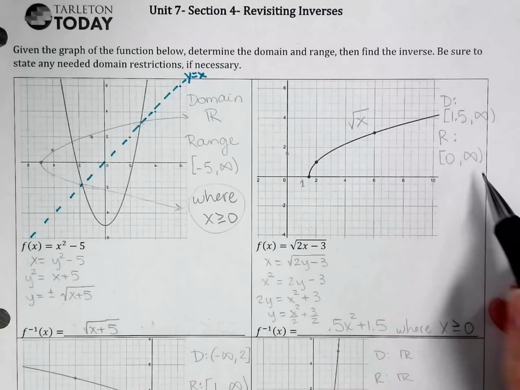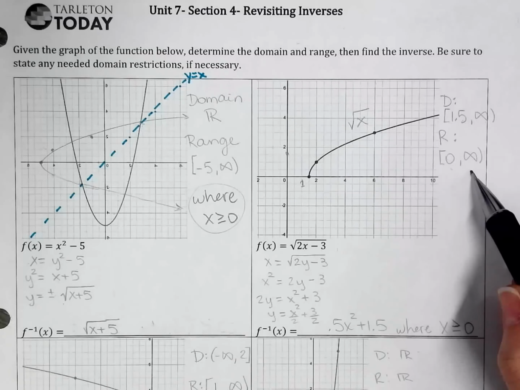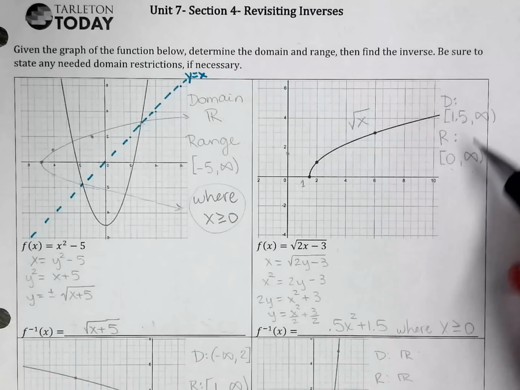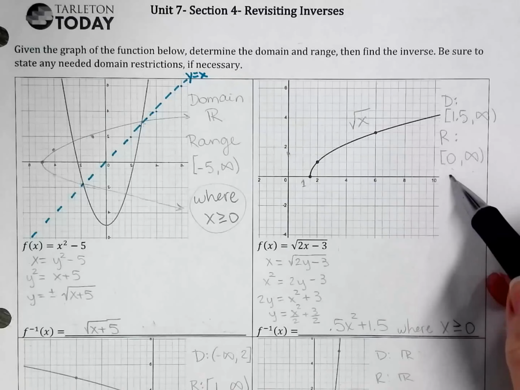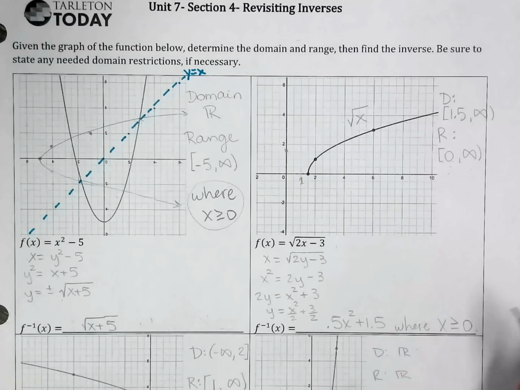And then the range is from 0 up to positive infinity. That's what we have here. And remember, from the previous video, we talked about how the domain and range switch. So when I talk about the range from the original function, that's going to be the domain restriction of its inverse. And we will talk about it when we get there a little bit more.